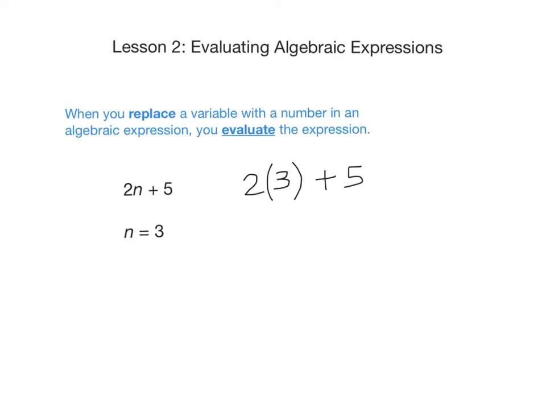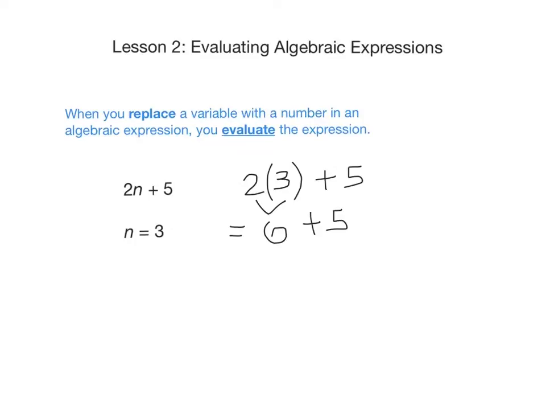So now in order to solve this, we need to do 2 times 3 because that's what 2n means, 2 times n. So 2 times 3 will give us 6. And since we don't do anything with the 5, we're just going to be carrying it down.